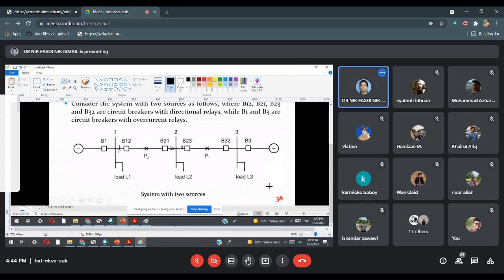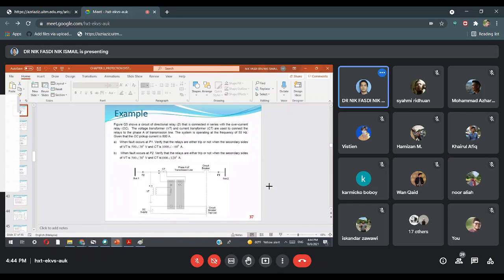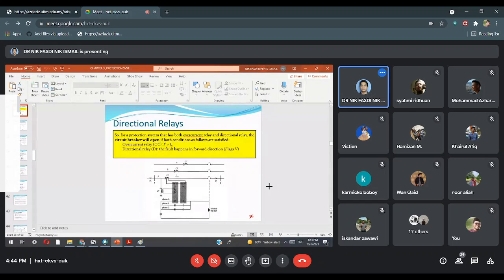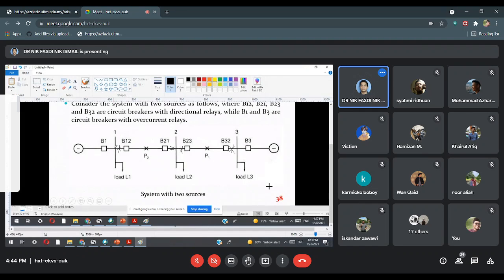Okay, ini setting dia, and B32 kat sini. Kali ni kita cuma fokus on directional, this ini not exist because dalam explanation dia pakai this one. So device ni dia letak dekat area sini satu untuk B12, B21, B23 and B32. So fault kat sini.